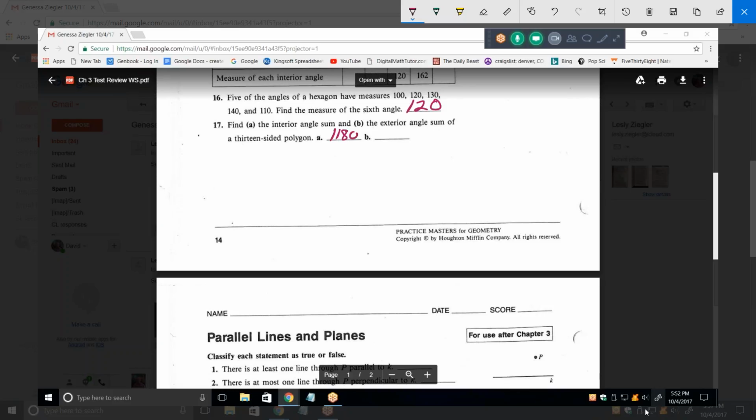Whoops. 11 times 180 is 1,980. Yes, it is. And what is the exterior angle sum of that 13-sided polygon? 360. No matter how many sides. All right.